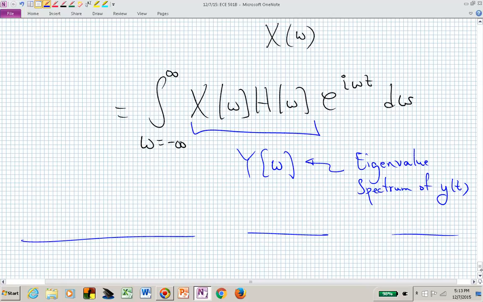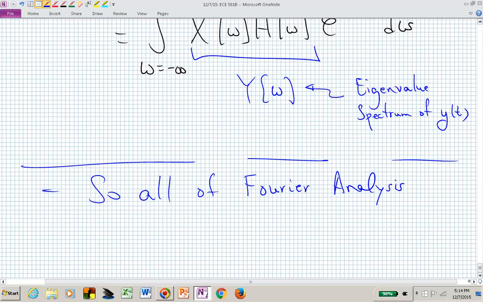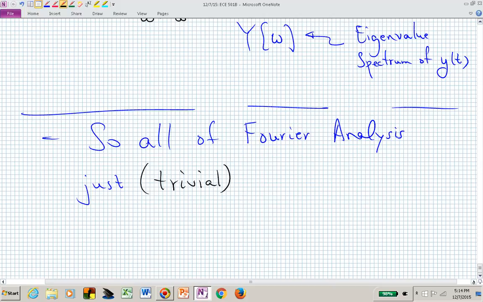So that now what we've really shown is that all of our Fourier analysis that we've maybe done in the past, all of Fourier analysis is just, and if you'll humor me, I'm using just and trivial, that's just a trivial application of these eigenvalue, eigenvector applications or ideas or concepts that we've been using.